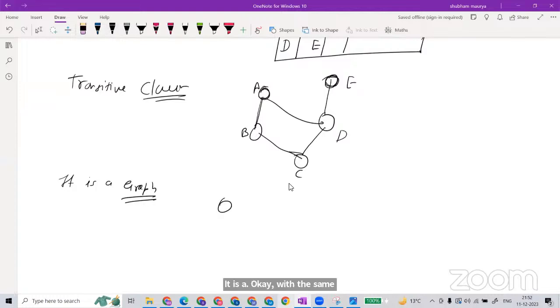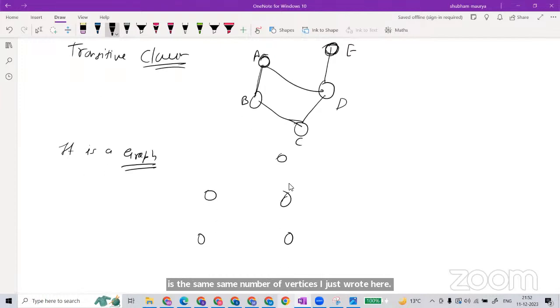I'm just writing the same number of vertices here. I'm saying this is the transitive closure of this graph.